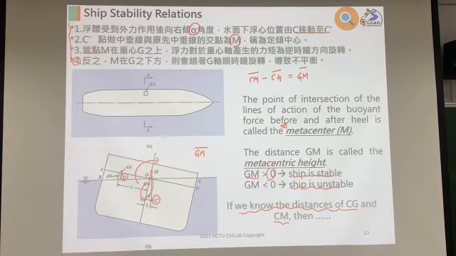In that way, if we can determine the CM distance and the CG distance, then we compute the difference, and we exactly know whether GM is less than 0 or larger than 0, and then we can predict the stability problem of the ship.